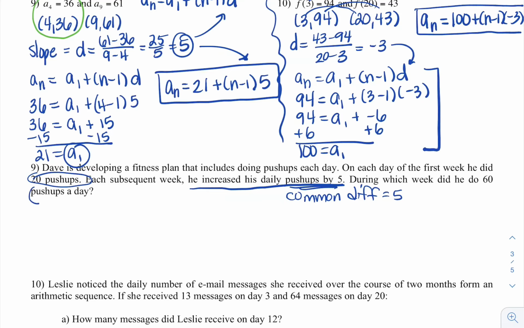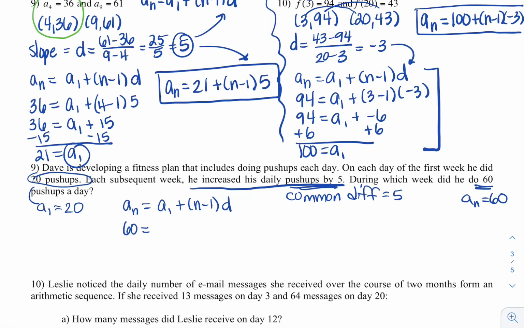So he did 20 push-ups in the first week, meaning a1 equals 20. If I use my arithmetic sequence formula, a sub n equals a1 plus n minus 1 times d, I want to find out when a sub n was 60. What number of weeks did it take for him to do 60 push-ups per day?